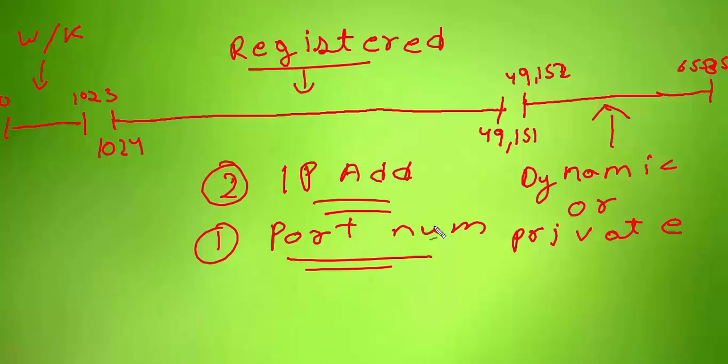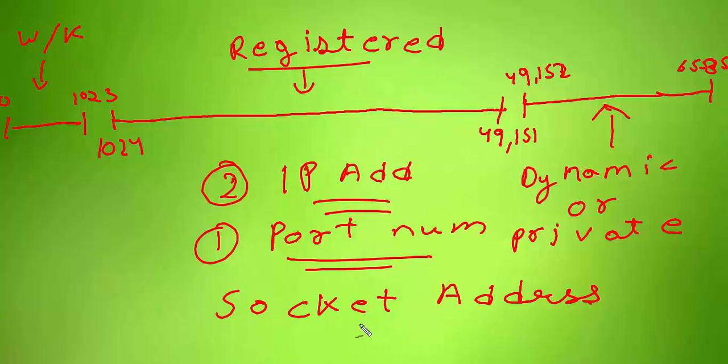Okay, so the combination of IP address and port number is called a socket address. This is a combination of your IP address and your port number.